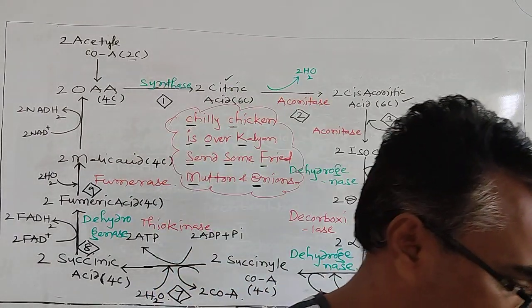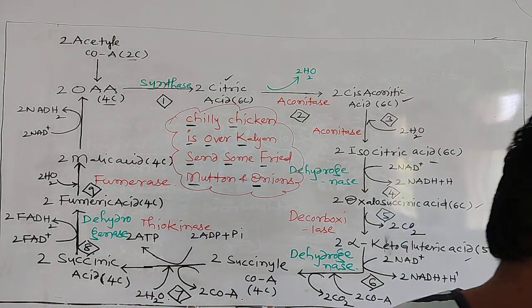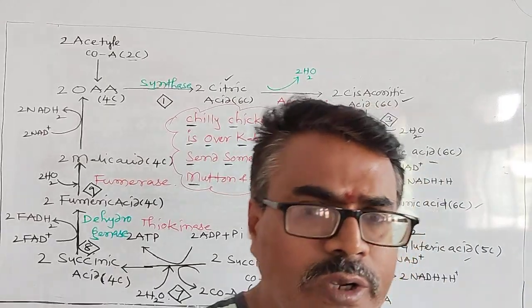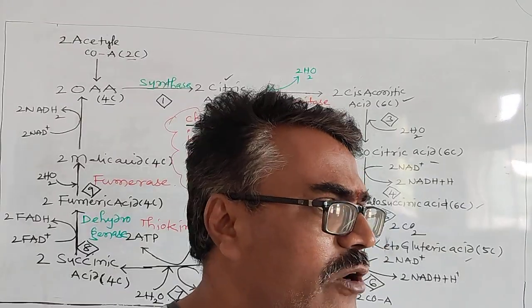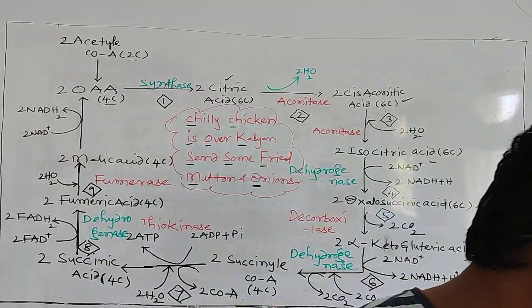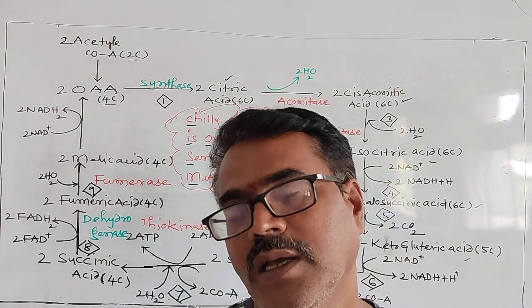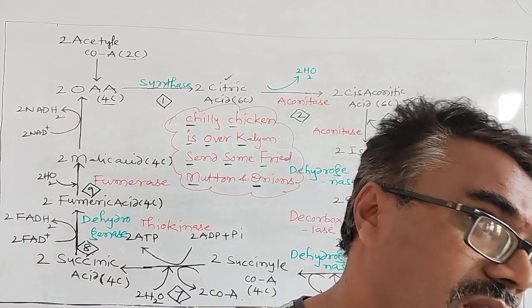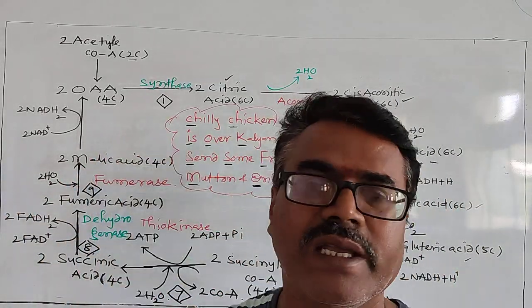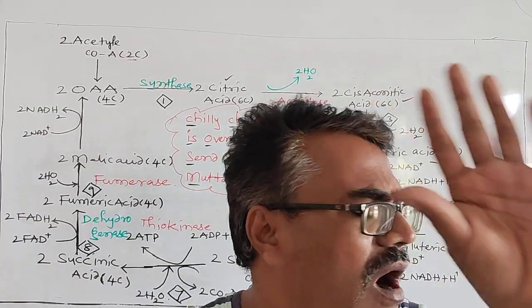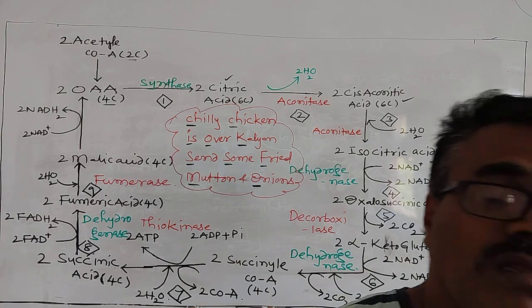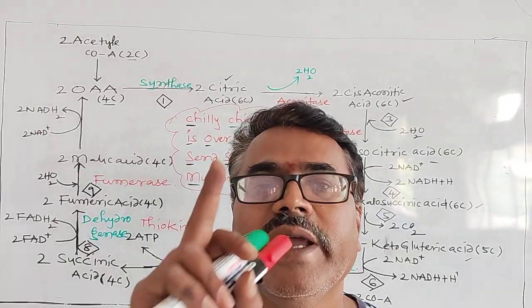Next, in the mitochondrial matrix, one turn of the Krebs cycle liberates 12 moles of ATP.